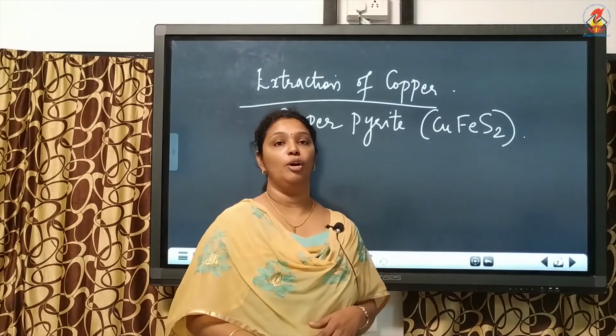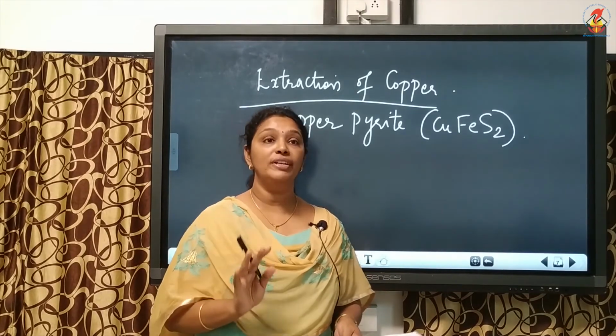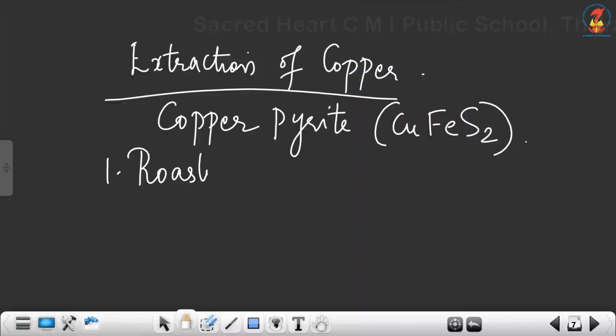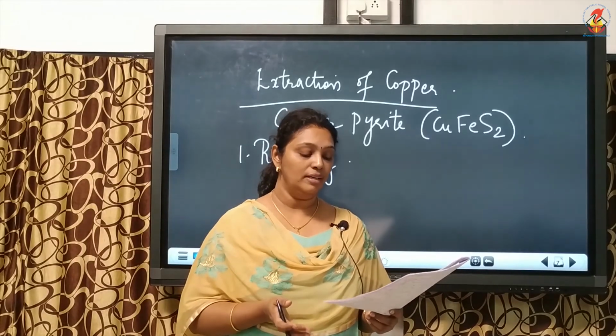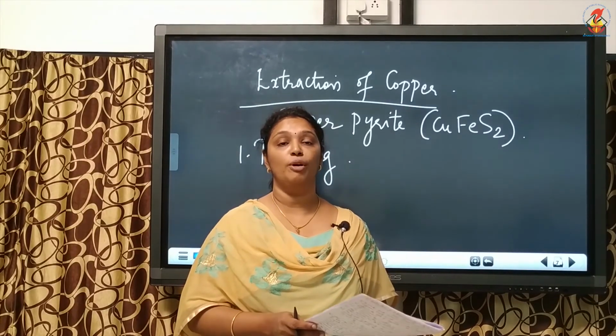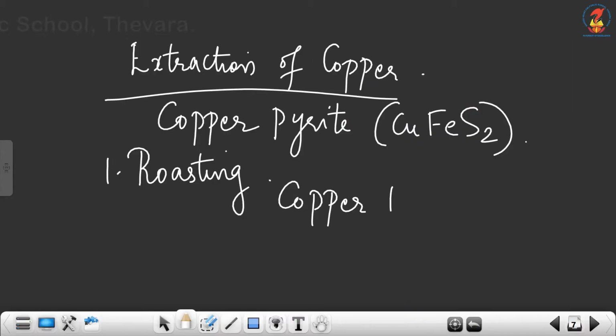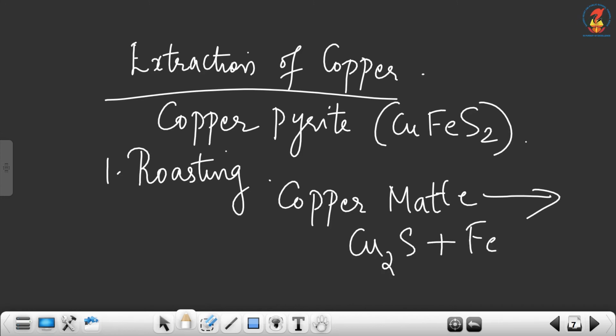The first step in the extraction of copper will be roasting, because it's a sulfide ore. So CuFeS2 is heated in a regular supply of air, when copper is produced in the form of copper matte. Copper matte is a mixture of Cu2S plus FeS.